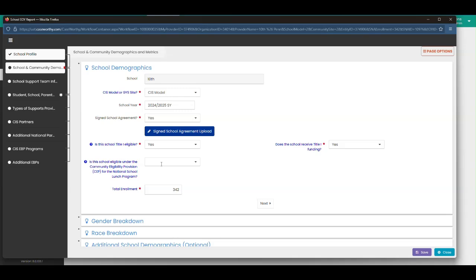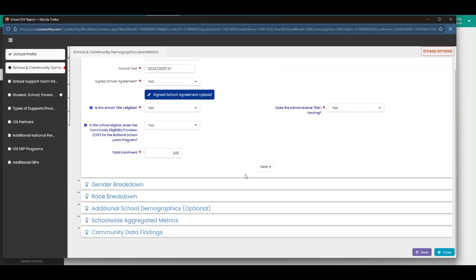For smaller districts, if you're aware that students who are not individually qualified for free and reduced lunch, but everyone just gets free lunch at your school, that's what the community eligibility provision is. So please, if you're not confirmed on this, ask either your principal or food services in your district to figure out yes or no whether there is a community eligibility provision there.